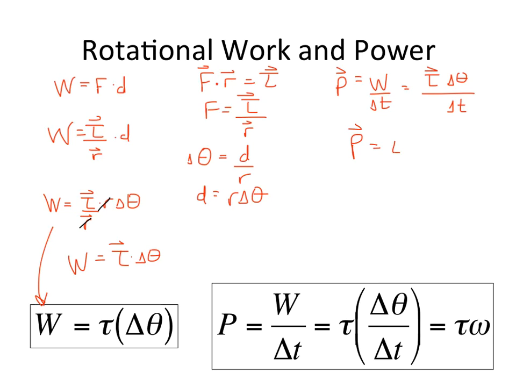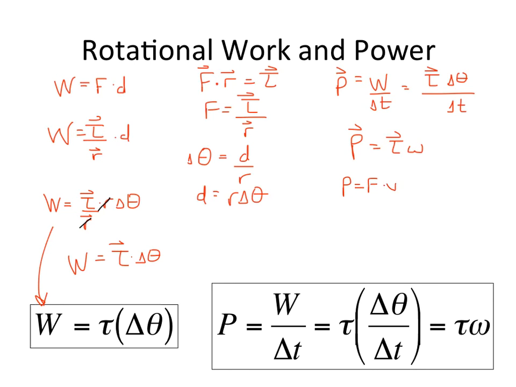So our power in rotational terms is going to be torque times angular velocity. It's really angular speed, but it's our omega right there. And again, you probably remember this from our previous power chapter. We said that power was equal to force times velocity.